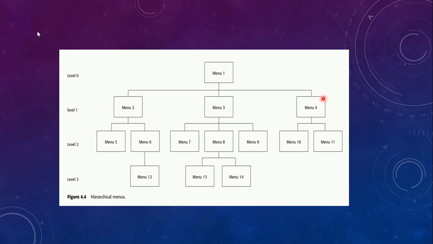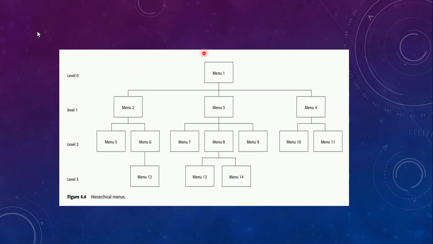Note that the top level of the tree is always considered to be level 0, with subsequent levels numbered sequentially beginning with number 1. Level 0, level 1, level 2, level 3, like this, it goes on.